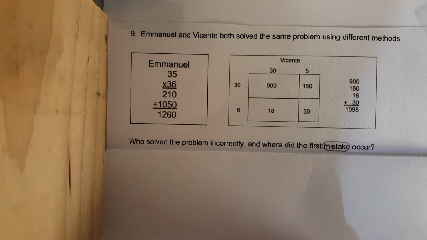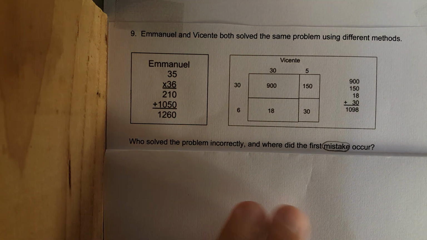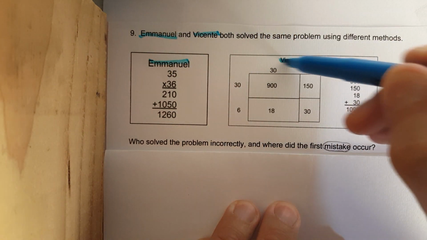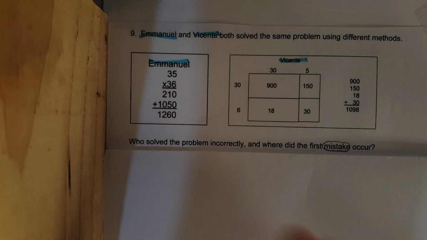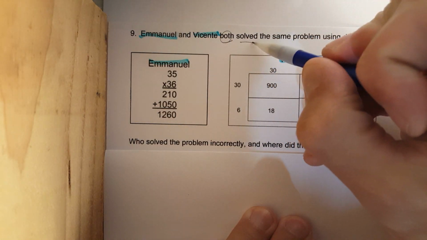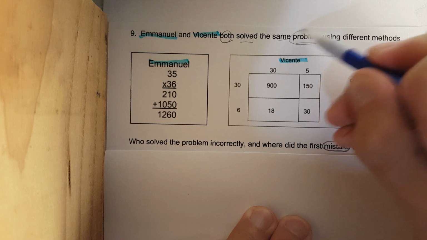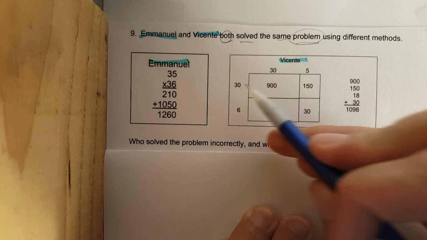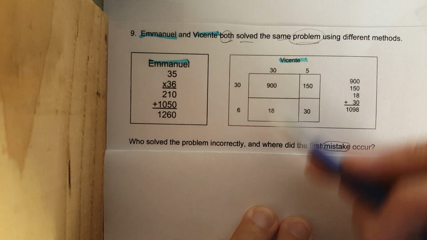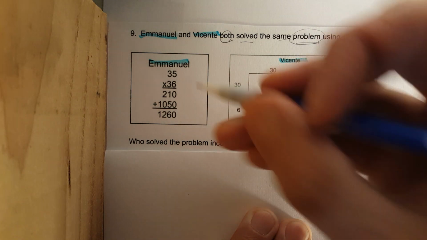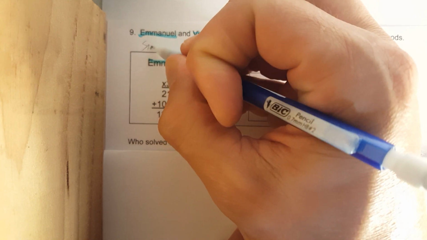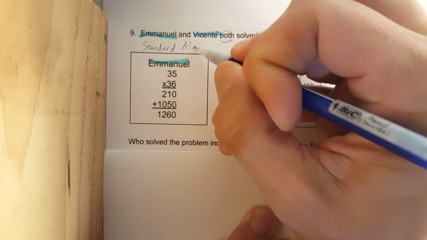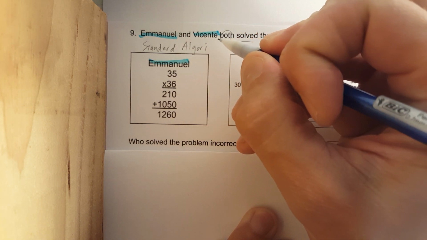Let's go. Number 9. Two proper nouns, Emmanuel and Vicente, both solved the same problem. Did they? 35, 36, 35, 36. Okay, they did. They're both multiplying, but one is using standard algorithm. I always have trouble spelling this.